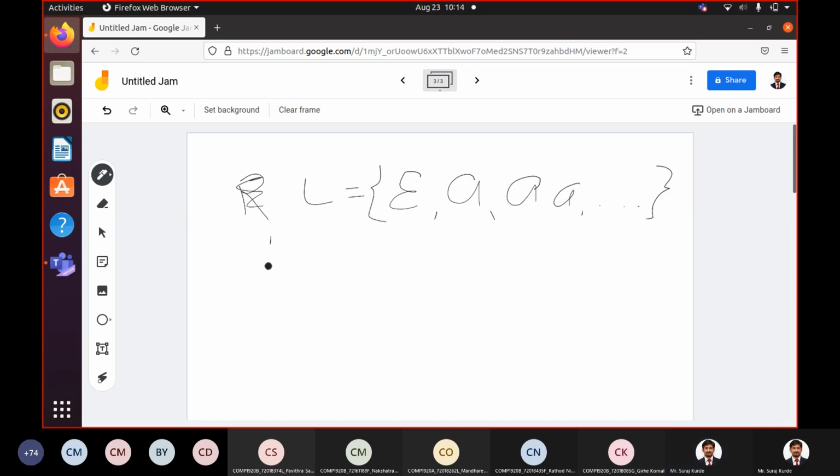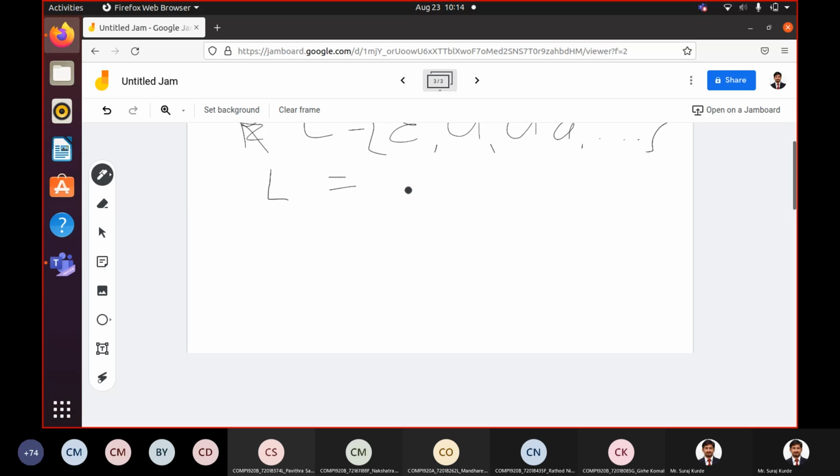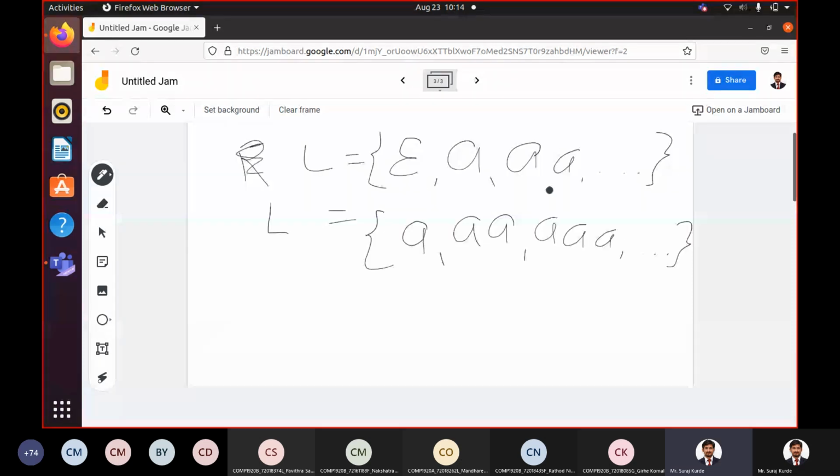In the same way, it can be repeated one time or more than once. So the difference in these two languages is that in the first language, we have epsilon as a part of the language, whereas in the second, there is no epsilon.